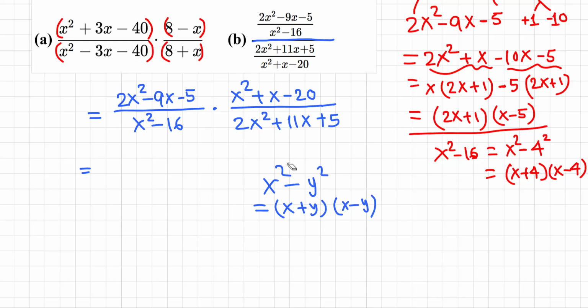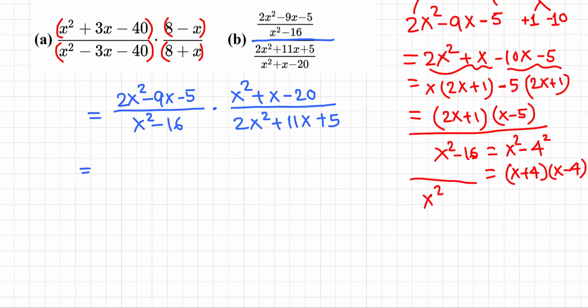Now let's do x squared plus x minus 20. So we need to factor all 4. Here comes x squared plus x minus 20. It's kind of easier when there is a 1. We need to find the factors of negative 20 and get plus 1.